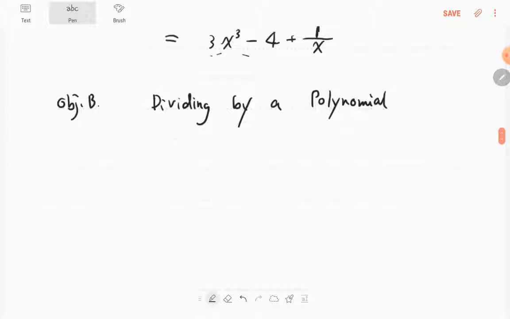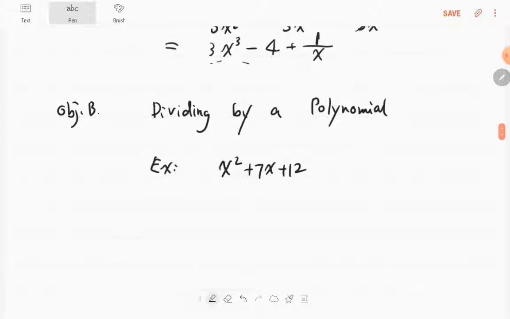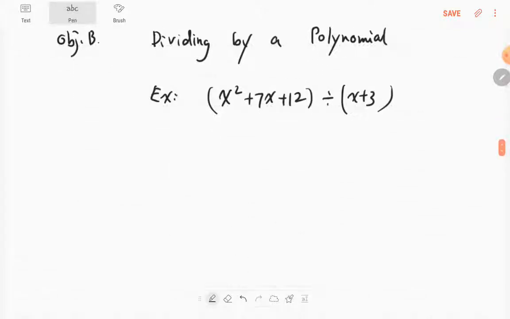We will talk about the long division. Let's check the example. Or sometimes the question is to divide this one by this one. So we're going to use the long division to do the question.